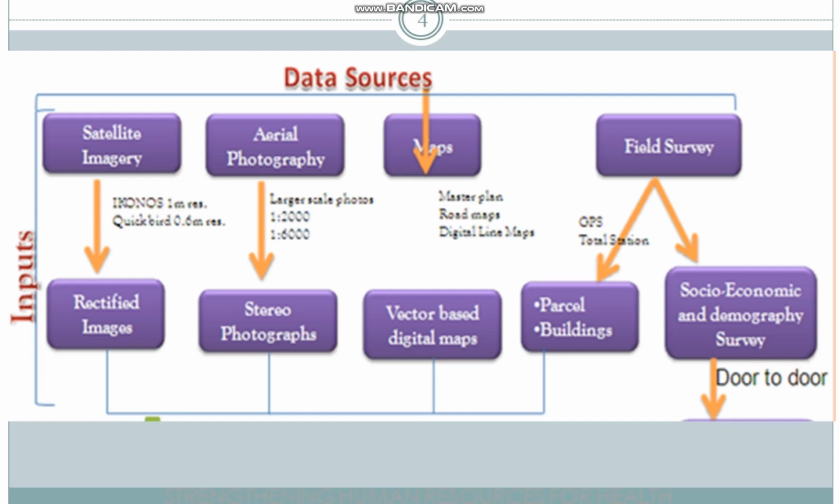And field survey, such as parcel, building, socio-economic, door-to-door, and demographic surveys, can be other sources of data. All these will be taken into account while you are exploring and processing in any of the interfaces of ArcGIS. So these are very valuable.